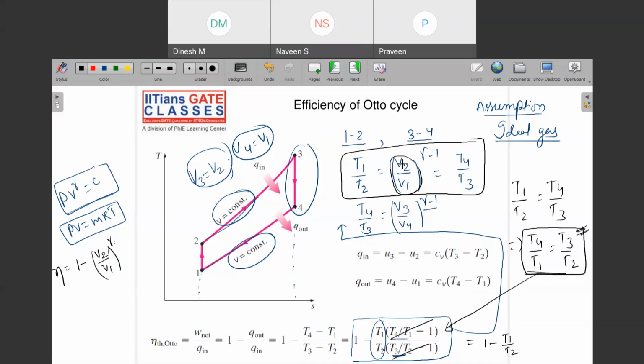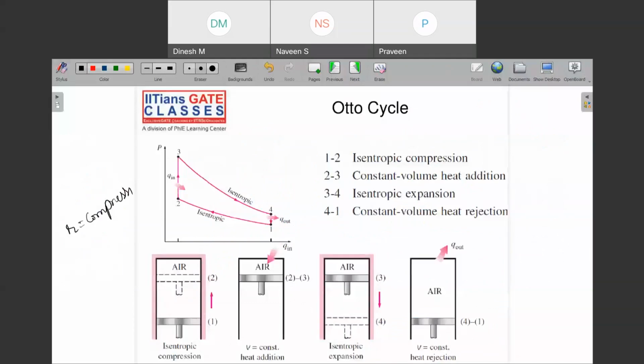See, I told you that r is called the compression ratio, which is the ratio of volume before compression divided by volume after compression. The volume before compression was V1 and the volume after compression was V2, so this is nothing but r.